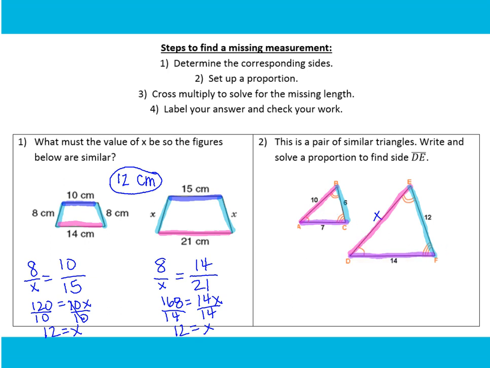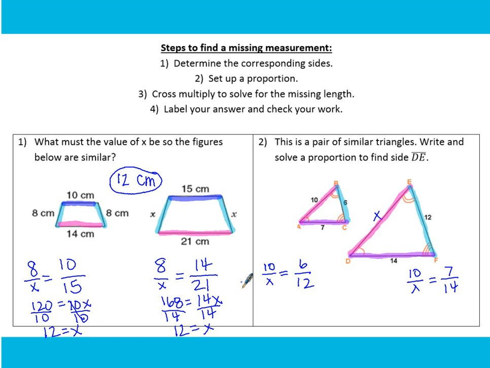So we can go ahead and mark those sides. And then again, we have 2 options for setting up our proportion here. We need 10 over x in both of these because that'll help us find our side length that we're missing. But then we can choose either the blue sides to compare it to or the purple sides. So setting up one, we could do 6 over 12. Or over here we can say 10 over x again is equal to 7 over 14. So those are the 2 ways you can set it up.